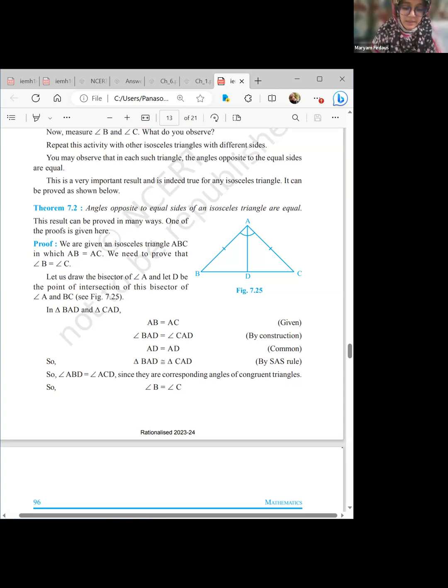Okay, next, let's write a theorem. Who knows what a theorem is? Do you know what a theorem is? Have you ever heard of a theorem? Where have you heard the word theorem?